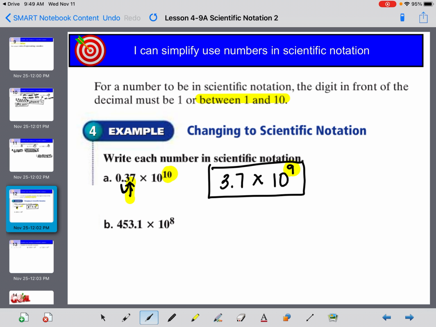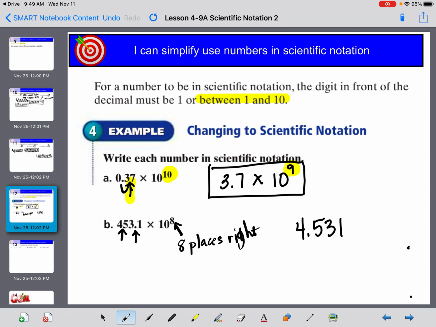Let's try letter B. The way this is currently written, my decimal is in the wrong place and my exponent says move it 8 places right to get the decimal in the proper location. However, the decimal actually belongs here, which is between the 4 and the 5, 4.531.